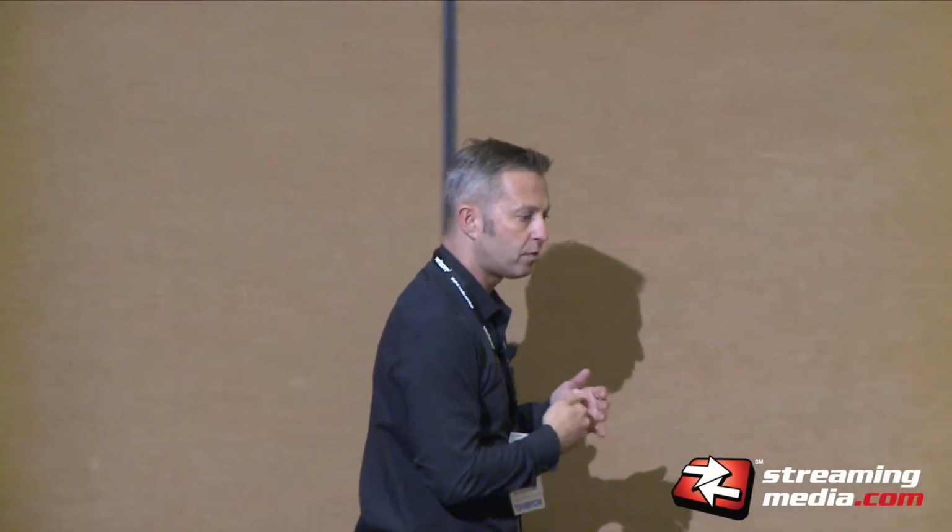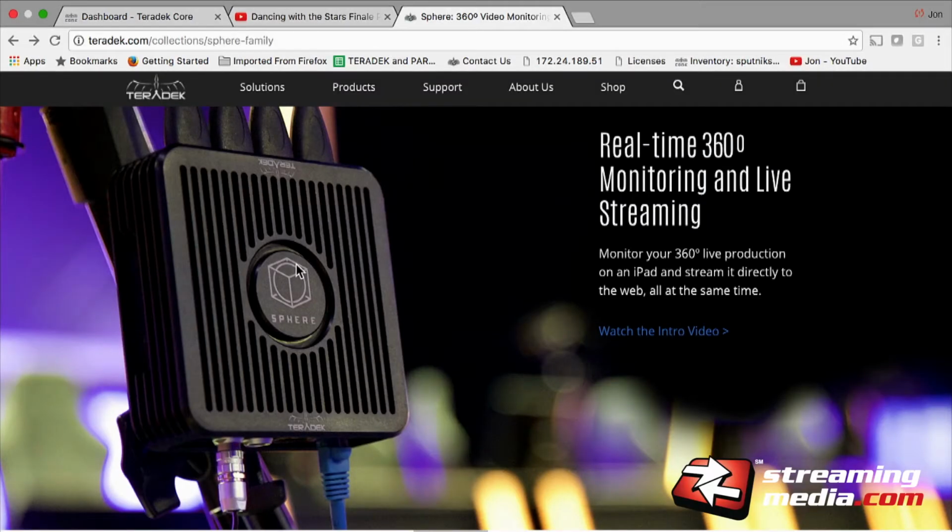Each feed coming in from the GoPro rig we were using here was coming in HDMI, a 1080i 30 feed. We're encoding each of those feeds at 8 megabits per second, synchronizing them and pushing them out over Ethernet.